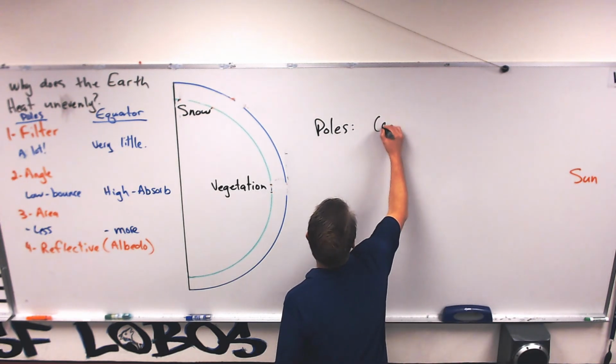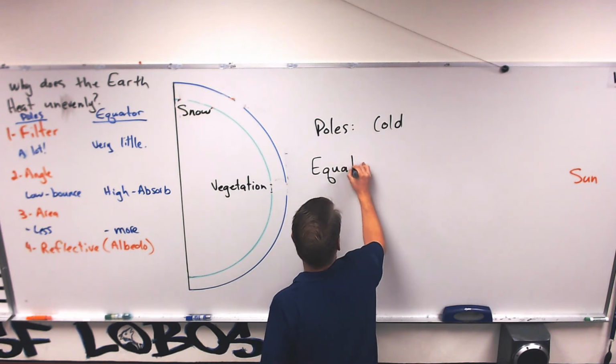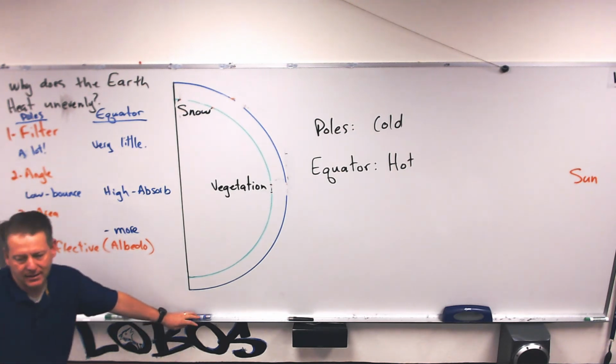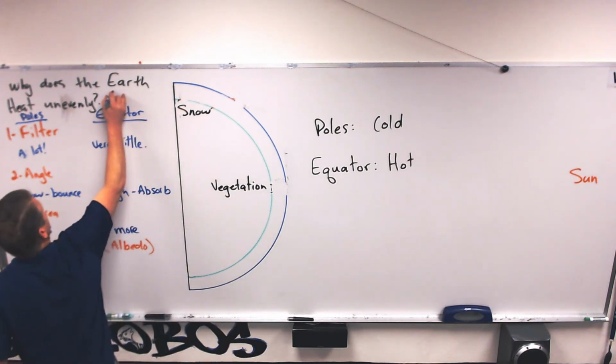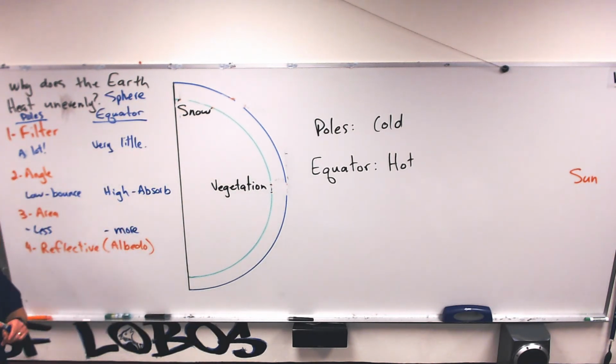Poles are cold. Equator. Why does the Earth heat unevenly? Because of one thing. Yep, that's exactly it. The answer is because we live on a sphere. If it was any other shape, it wouldn't be this.